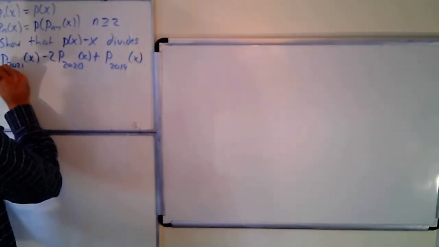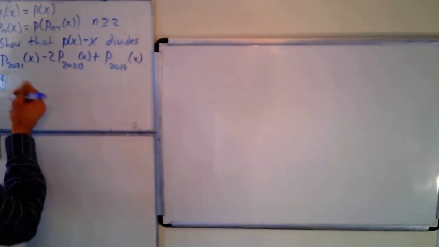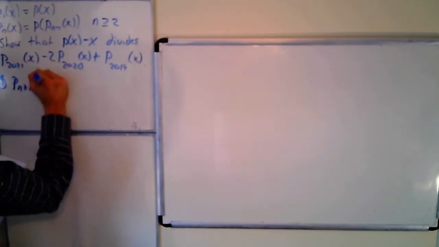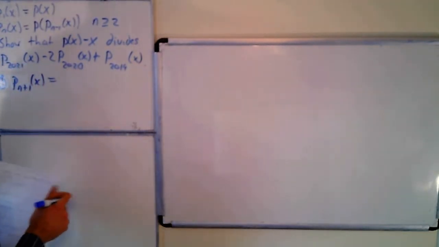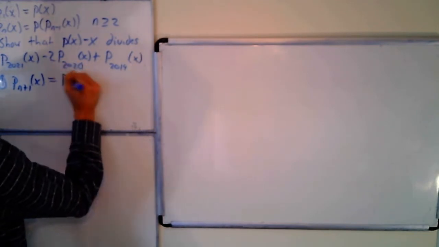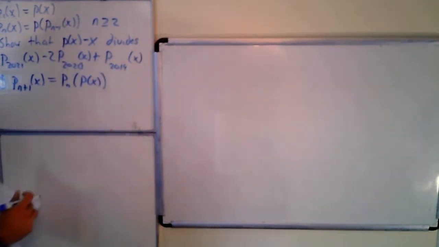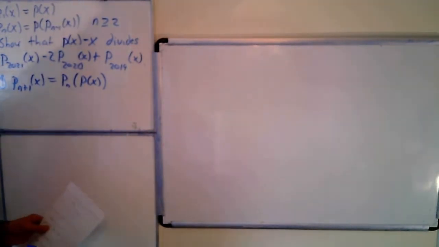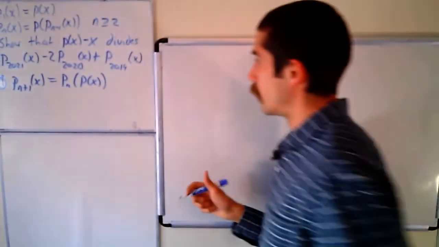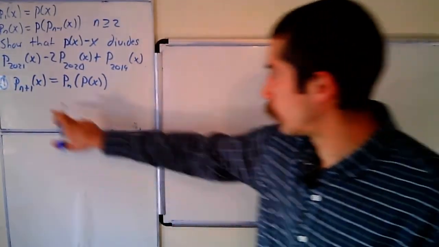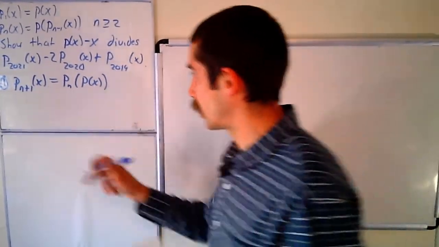All right, so the first thing I want to write is that in general, p sub n plus 1 of x is equal to p of n composed with our initial polynomial. Okay? And so why is this true? Well, it shouldn't be too surprising. What's p of n plus 1 of x?